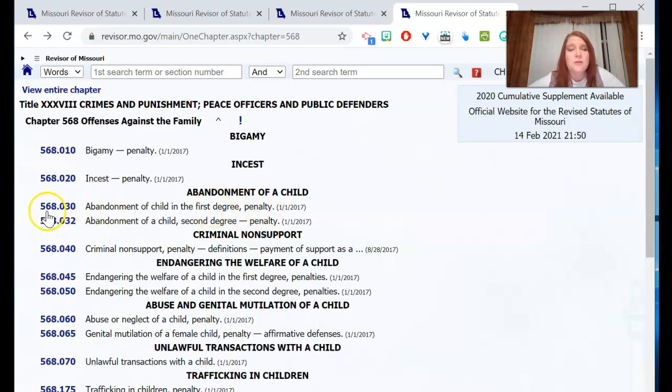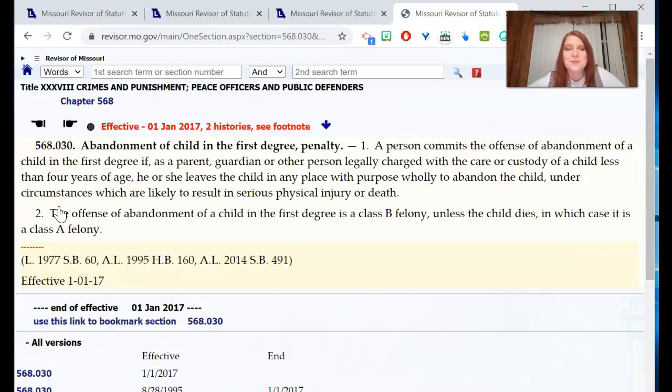Abandonment of a child. If you look here on abandonment of a child, get this one to load here. Love when the internet decides to be slow. Abandonment of a child. A person commits the offense of abandonment of a child in the first degree if, as a parent, guardian, or other person legally charged with the care or custody of a child under the age of 4, he or she leaves the child in any place with a purpose wholly to abandon the child under circumstances which are likely to result in serious physical injury or death.